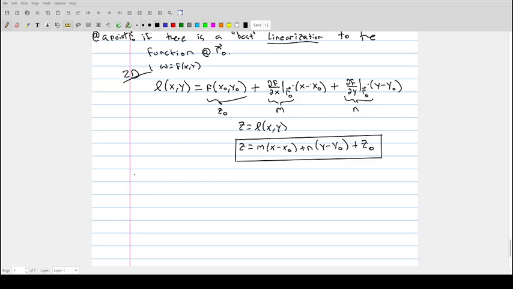If you want to approximate the value of f for points that are very close to x naught, y naught, say if a function is differentiable at a point, so this linearization exists and it's a good approximation around a point, if you zoom in very close to the point x naught, y naught, in this region right here, say within delta, where delta is a very small value, of the point x naught, y naught, then the value of the function inside this region, we'll call it D, is approximately equal to this linearization.